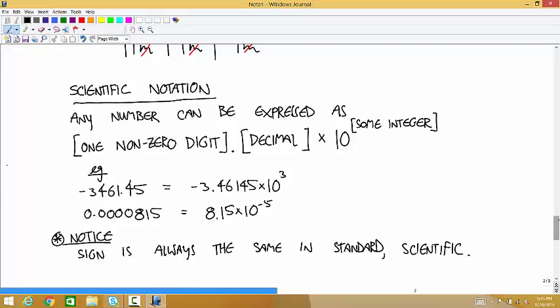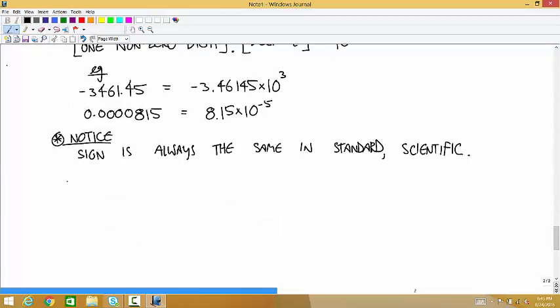One nice thing about scientific notation is that it makes it easy to figure out how many significant figures a number has.